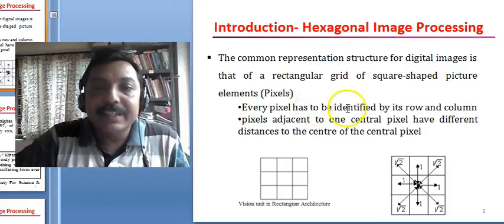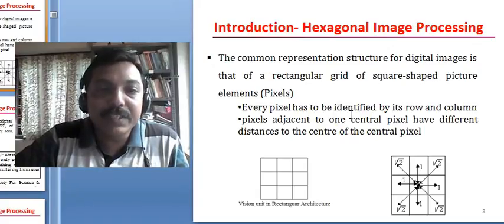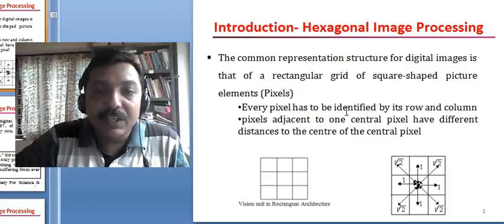We all know that the common representation structure of a digital image is using a rectangular grid of square-shaped picture elements, and this picture element is known as a pixel. In this type of representation, every pixel has to be identified by its row and column.